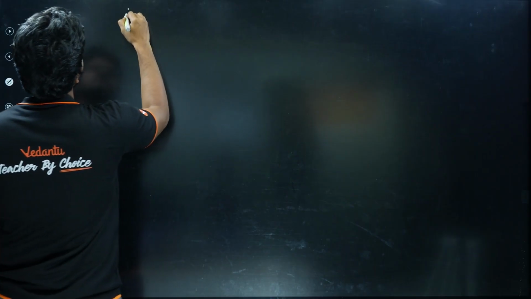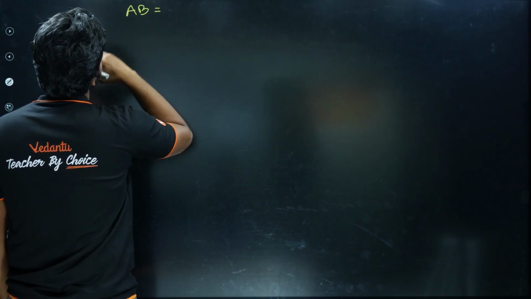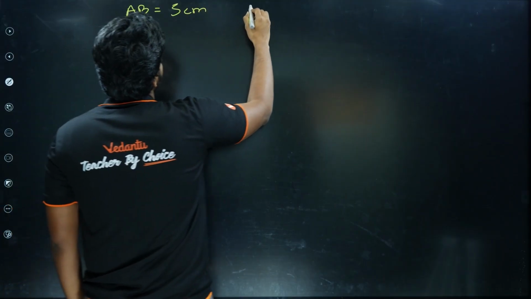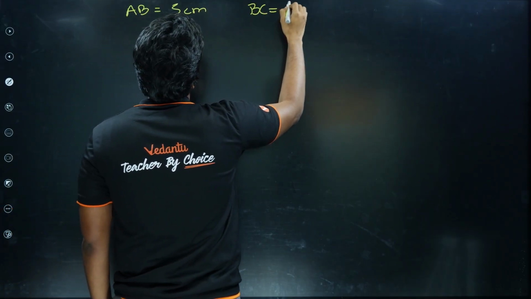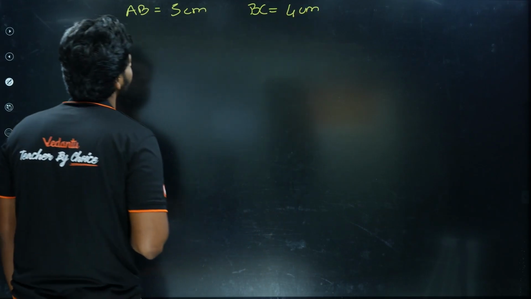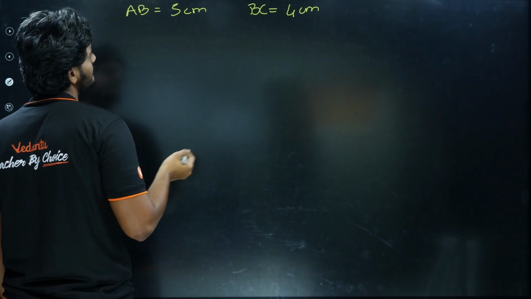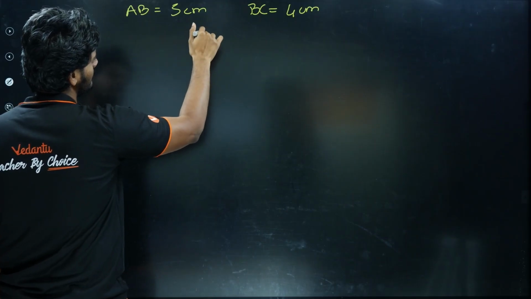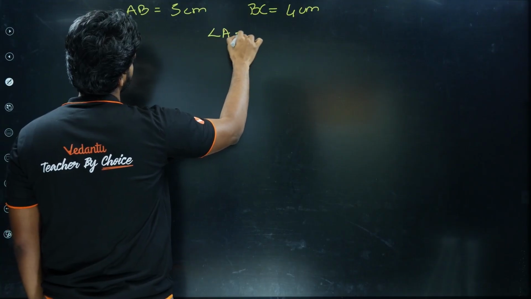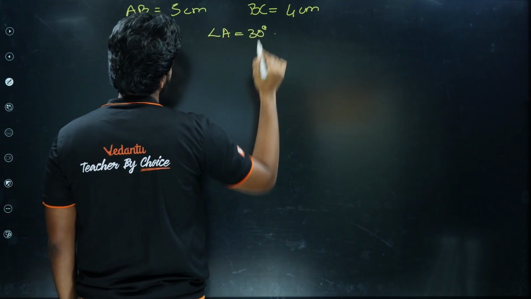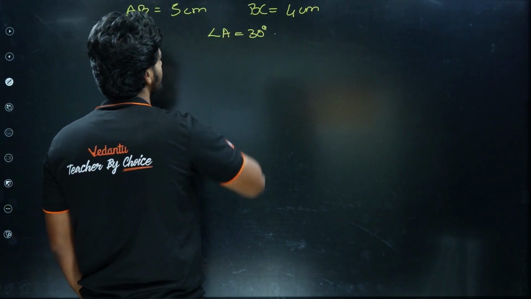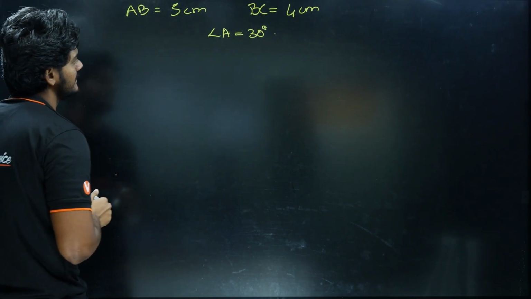So let's say we have AB equal to 5 centimeters again, BC equal to 4 centimeters, and instead of having the common angle B, we have angle A to be 30 degrees.